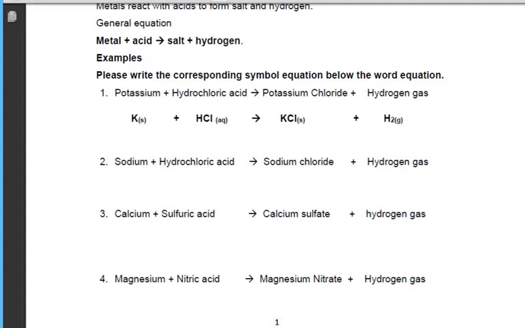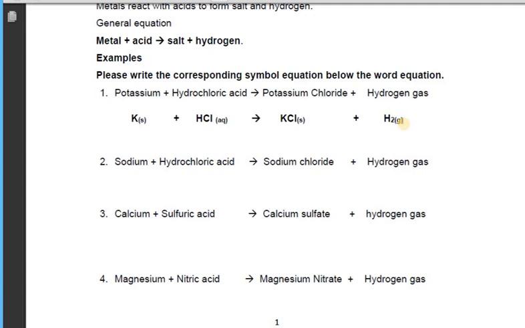Then it produces potassium chloride, the salt, which is also solid, and hydrogen gas, which you write as H2, with the state of matter being g, meaning that it is gaseous.